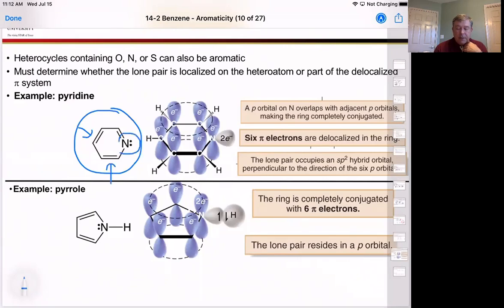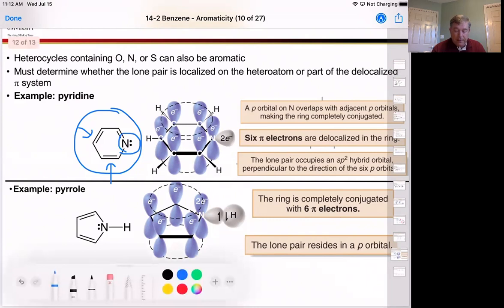And if we actually looked at the hybridization of the nitrogen here, that hybridization on nitrogen is an sp2 hybridized nitrogen. Okay, so if it's sp2 hybridized right there, that means it does follow the planarity requirement because of its trigonal planar structure, but it also has an available p orbital because of its hybridization.